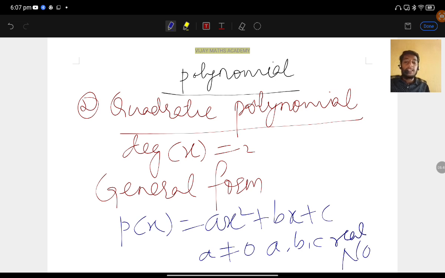So here for the quadratic the highest degree will be 2. The general form will be ax square plus bx plus c.